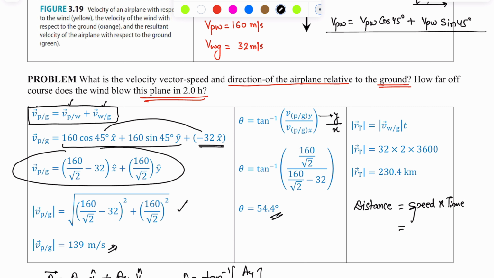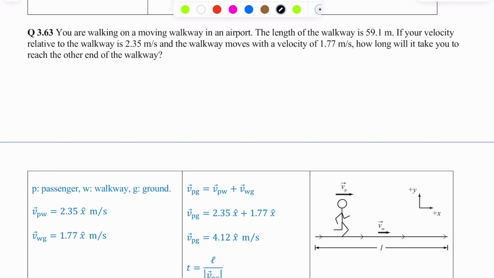The speed of the air, because of the pressure of the air, it is moving. 32 multiplied by the time, 2 hours, so 2 times 3600 to convert into seconds. Solving it, we get 230.4 kilometers, which means the plane is shifted 230.4 kilometers. This is the effect of wind. Clear?